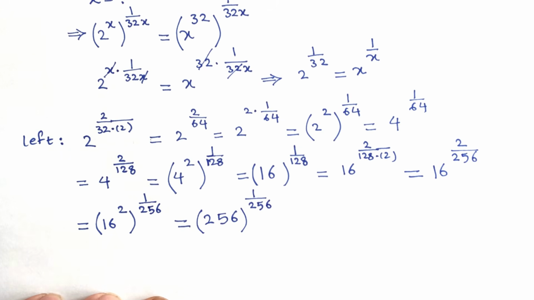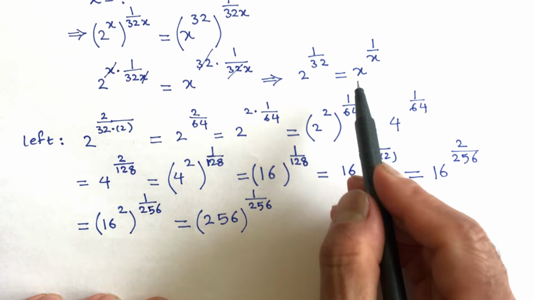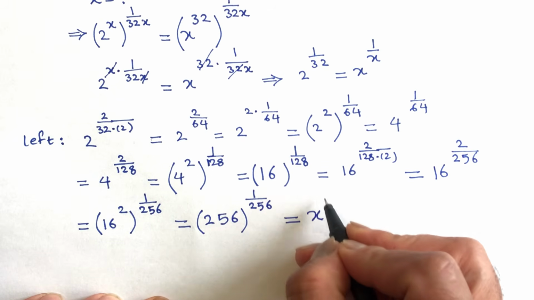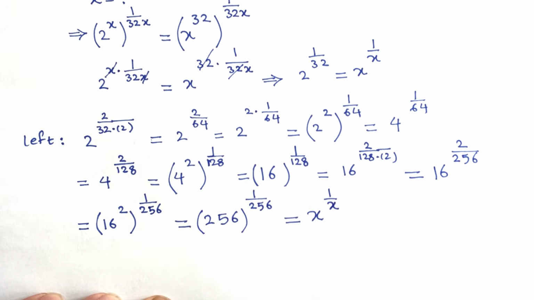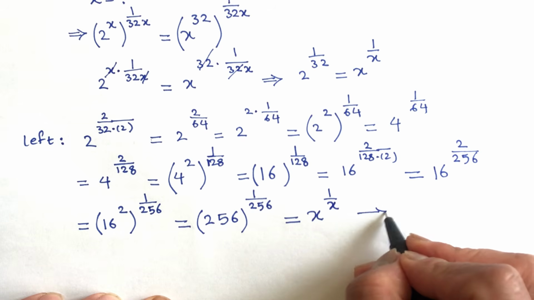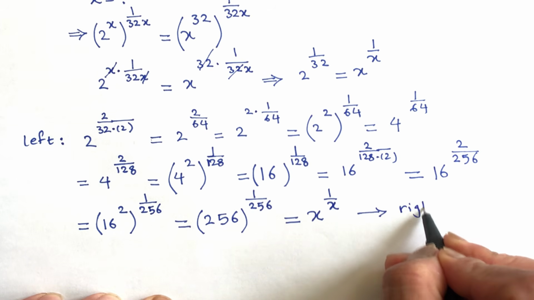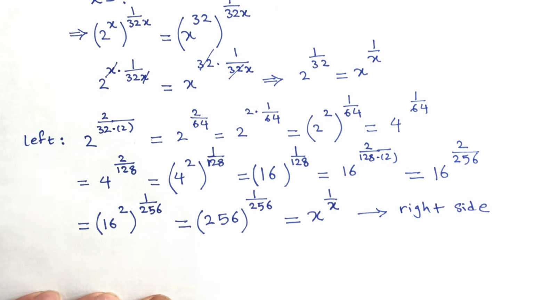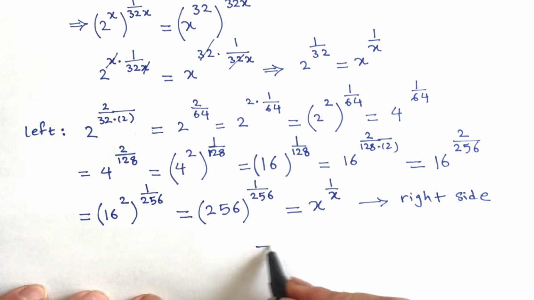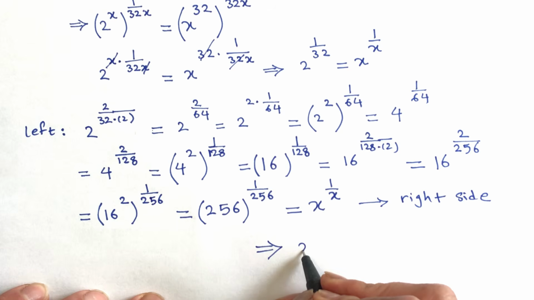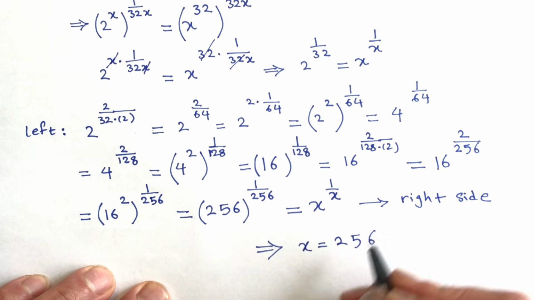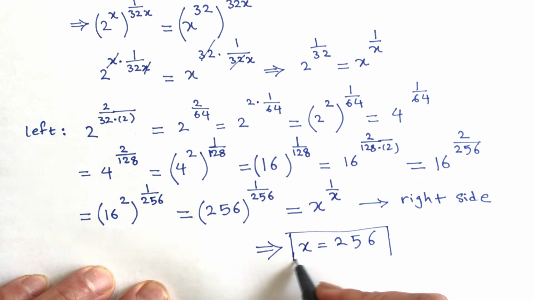And this is exactly the form of the right side: x to the power of 1 over x. That is the right side. So you can just conclude that x is simply 256, and this is our result.